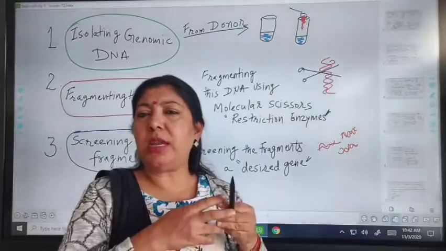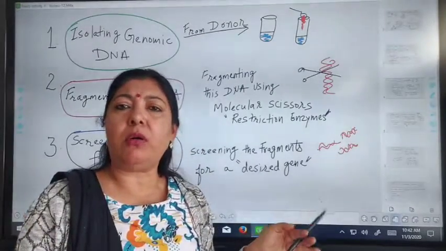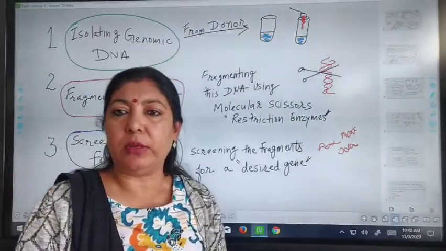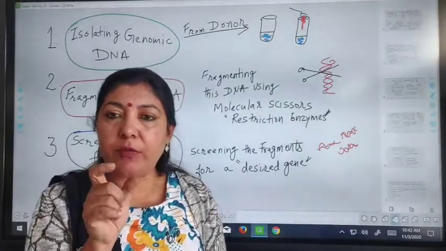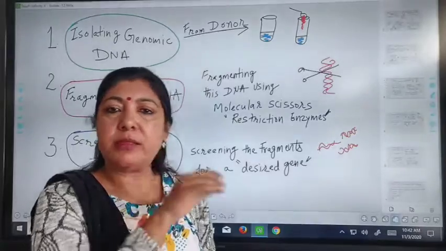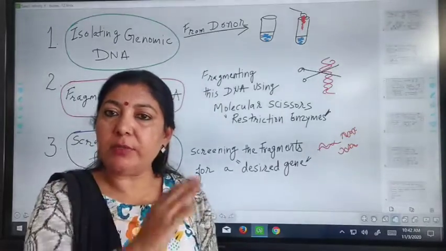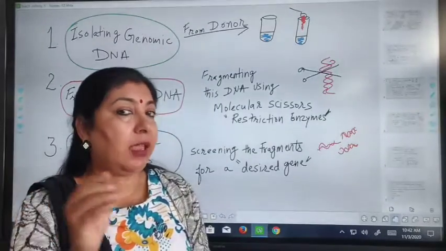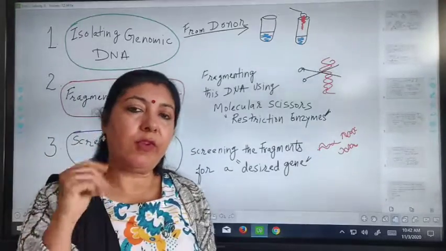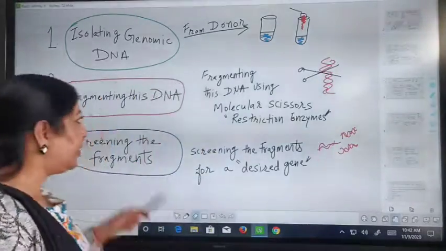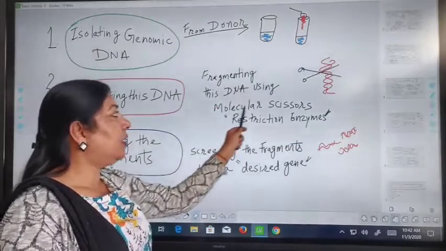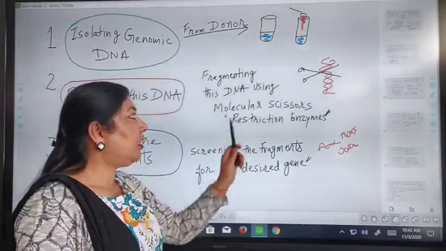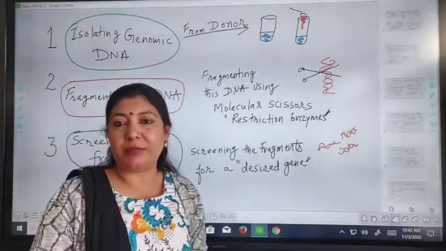Then the second step is fragmenting this DNA. Why? Because this DNA is such a long, big molecule. So this has to be fragmented because our gene of interest is present somewhere. So we must first break it into small parts, and then from those fragments we have to take our gene of interest. So the second step is fragmenting this DNA using molecular scissors, which are called restriction enzymes.